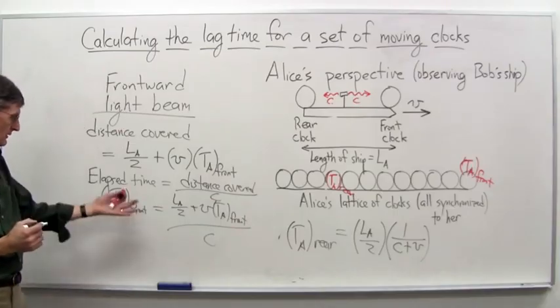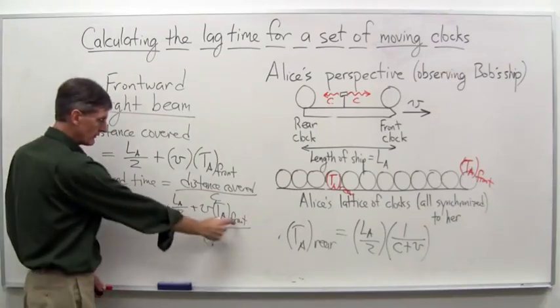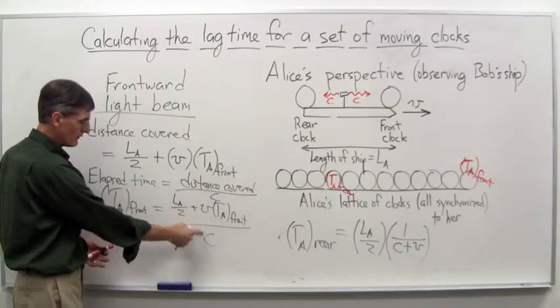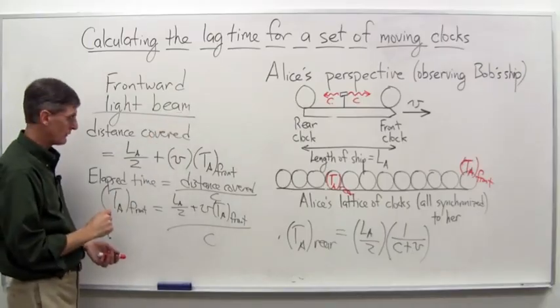And if you do that, notice we have TA front on this side, we have TA front on this side, we have V, which is a given value, C, and we know LA is a given value, the length, according to Alice, of Bob's ship.